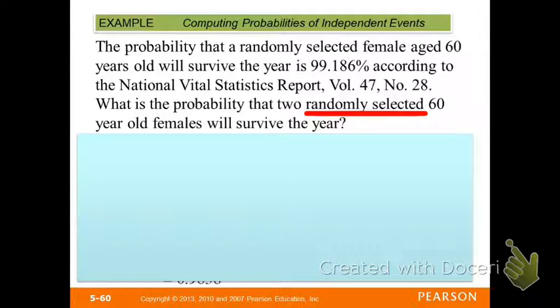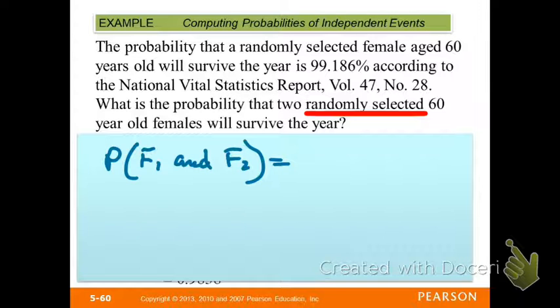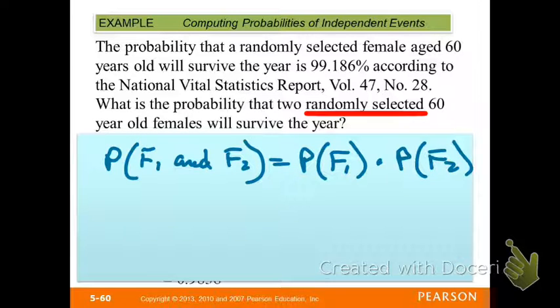So the probability that the two randomly selected females will survive, let's say the probability that female 1 survives and female 2 survives, is going to be equal to the probability that female 1 survives times the probability that female 2 survives, which is going to be equal to 0.99186 times 0.99186.